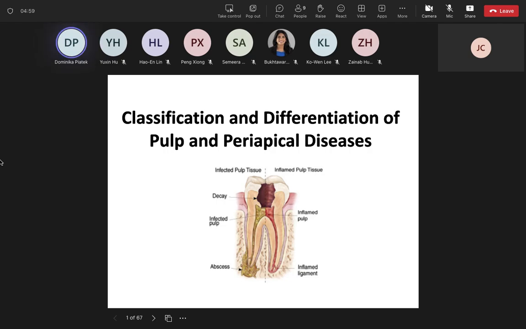There can also be bacteria which are primarily connected with periodontitis, and through the gingival sulcus or gingival pocket they can enter the periradicular part of the tooth.